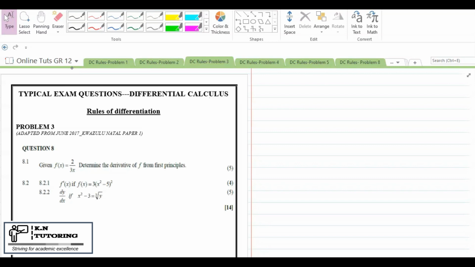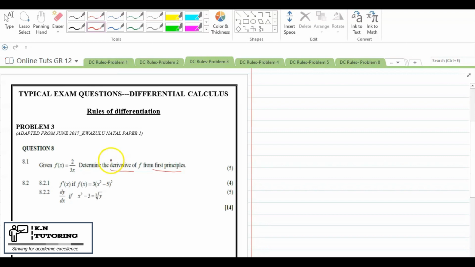Now, if you check 8.1, it says given f of x is equal to 2 over 3x, determine the derivative from first principles. I believe now you're starting to see the order in which these problems are being asked. The first sub-question of calculus will be first principles, and then followed by questions where you apply straight your rules of differentiation, and then you will see when we continue with this chapter, we will start looking at what we call cubic graphs.